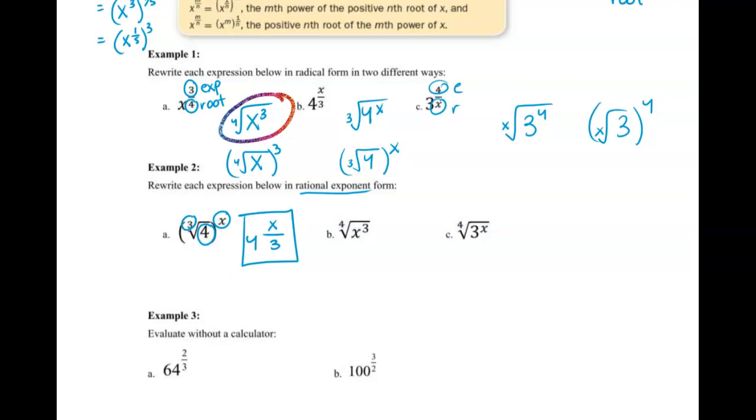For this one, our base is x, so it's x to the power of 3, that's our exponent, over a root of 4. And it doesn't matter inside, outside, you're just looking at what's the exponent, what's the root. This next one, our base is 3, exponent is x, root is 4.